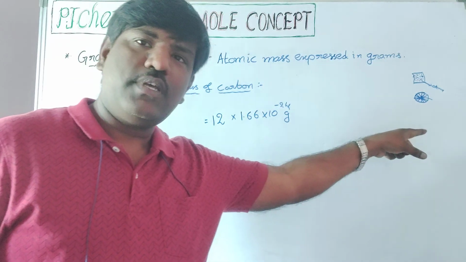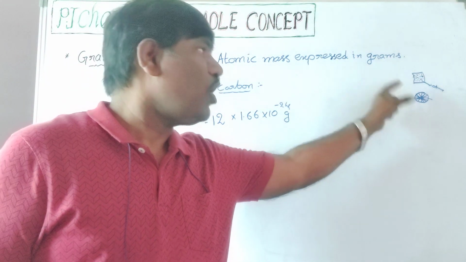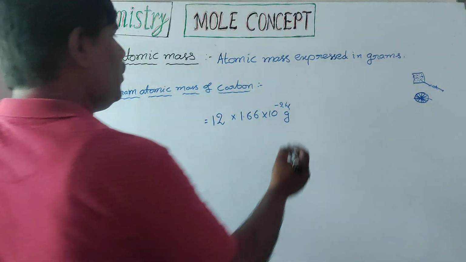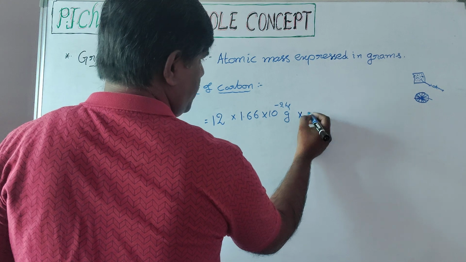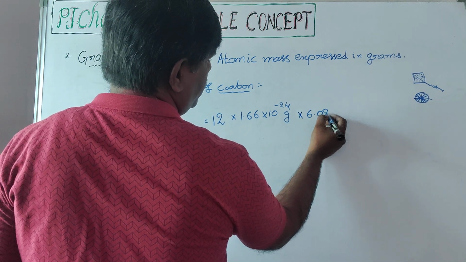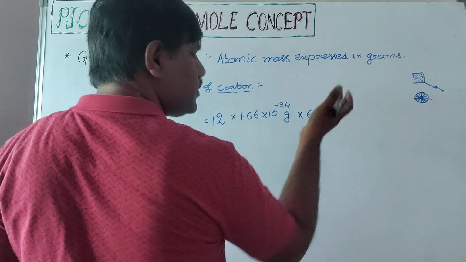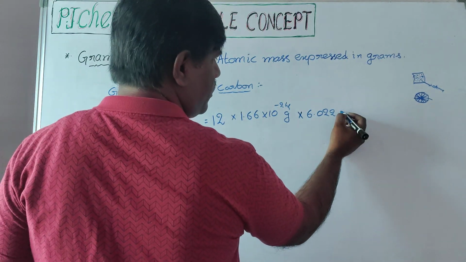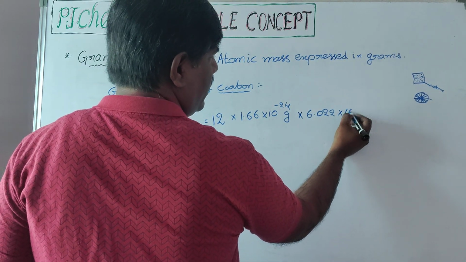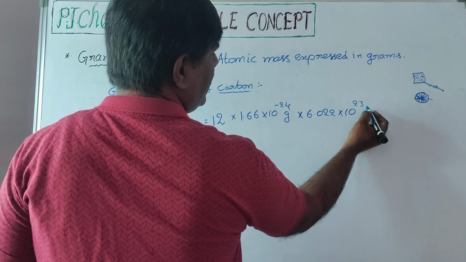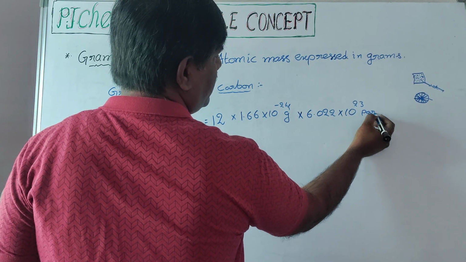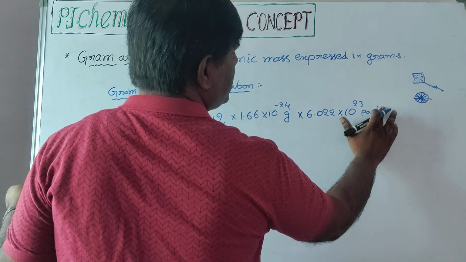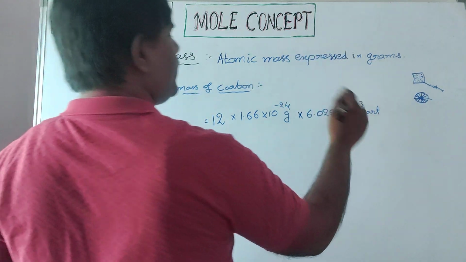Like these atoms, how many are there in the element? 1 mole value, 6.022 into 10 to the power of 23 particles are present. In some books it is 6.02 or 2, 3, no need to worry. 10 to the power of 23 particles means that many atoms.